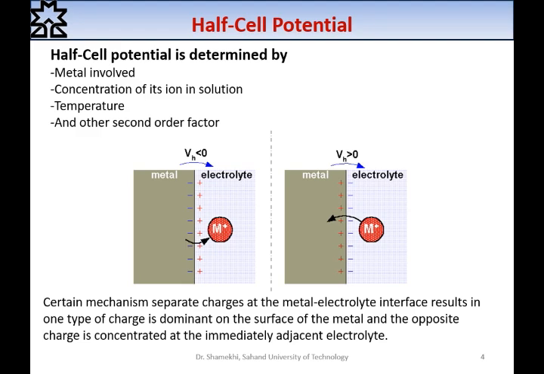We call it half cell potential. And this half cell potential is determined by the metal involved, the type of the metal, the concentration of its ion in solution, the temperature of the electrolyte, and other second order factors.